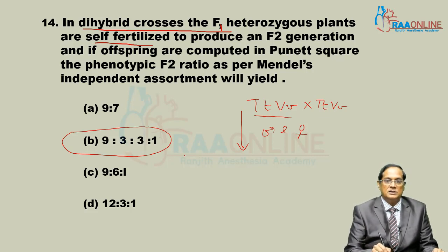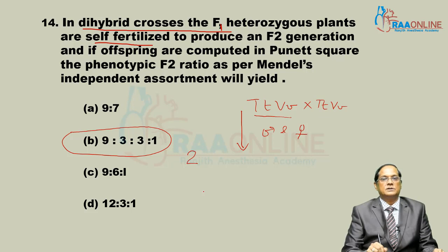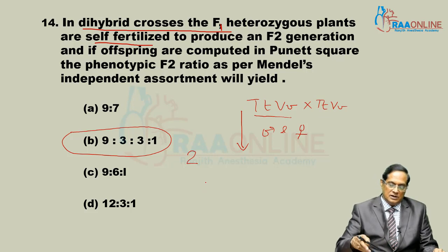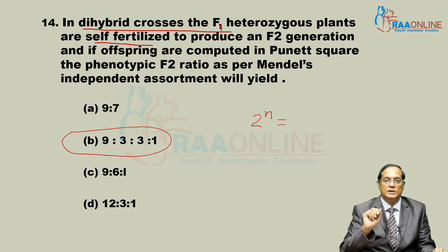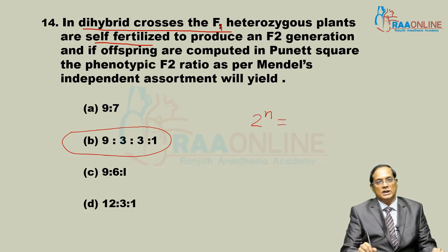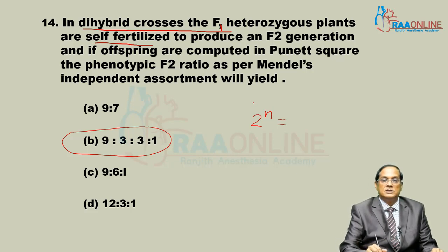That is, a dihybrid plant on selfing produces four types of phenotype in unequal proportion, and there is a formula which I have already described in a regular session, that is, apply the formula 2 raised to power n to know the types of phenotype in F2 generation, not in F1.